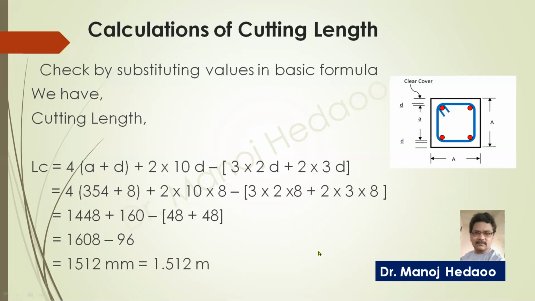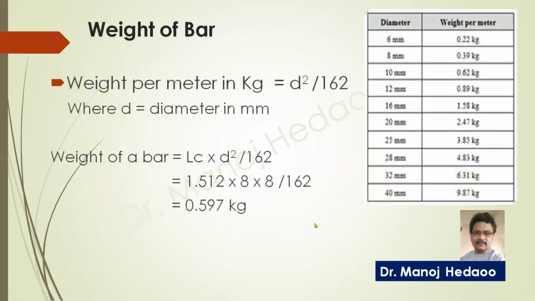So next is the weight of the bar, because our aim is to find the weight. The weight per meter in kg is given by d square by 162. If you remember these weights for different diameters, then you can take the weight directly from the table. If you don't know, you can calculate the weight using d square by 162.